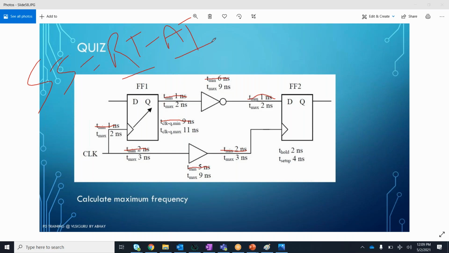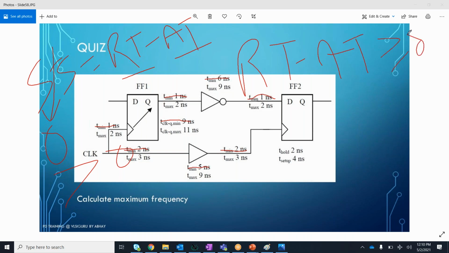So setup slack is nothing but required time minus arrival time. And at what condition will I not have the violation? If this slack is 0 or greater than 0. So my required time minus arrival time should be greater than or equal to 0.